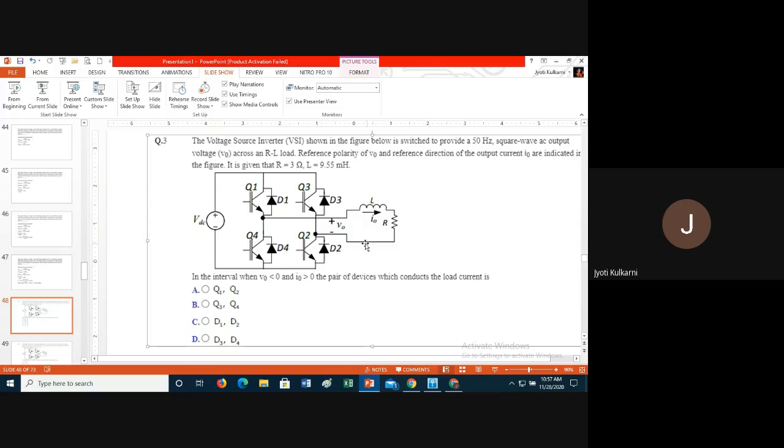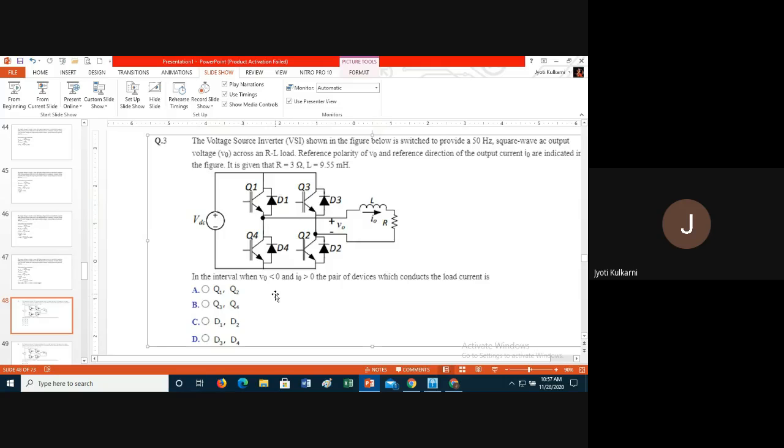From R, I am giving to the lower dot. From the lower dot, I am moving to D3, and from D3, I reach the positive plate of the battery. It means with the help of diodes D3 and D4, I made V0 negative and I0 still positive.